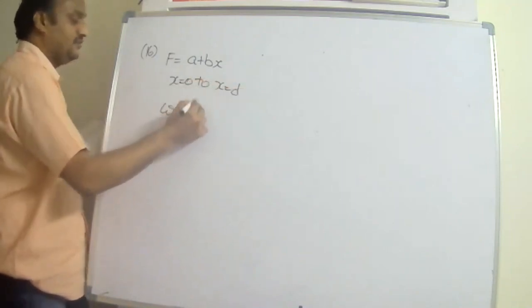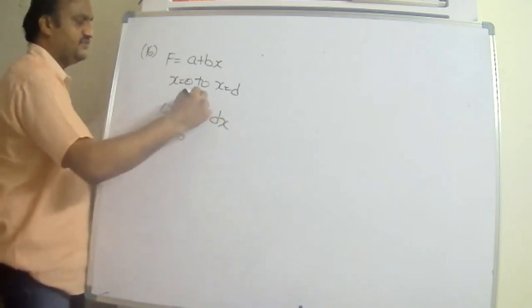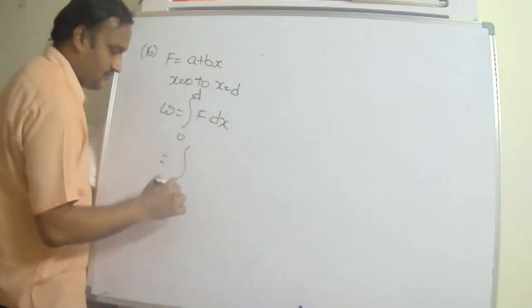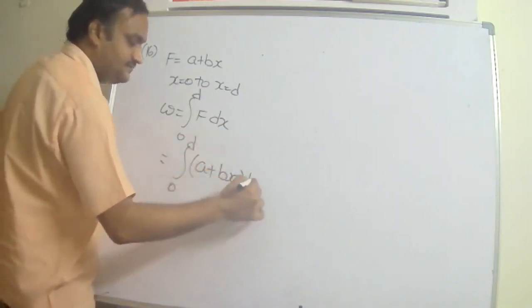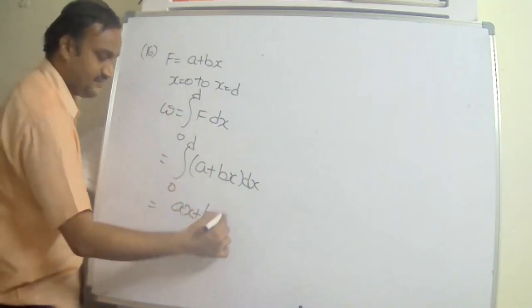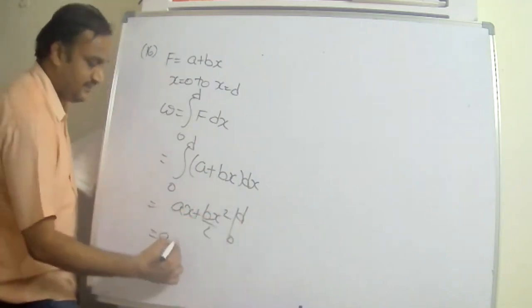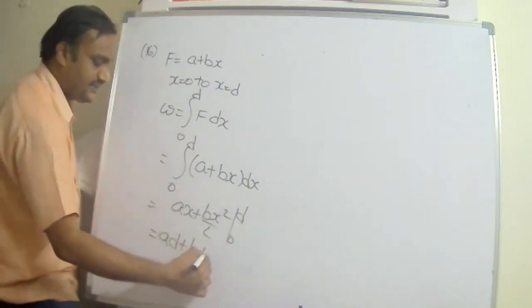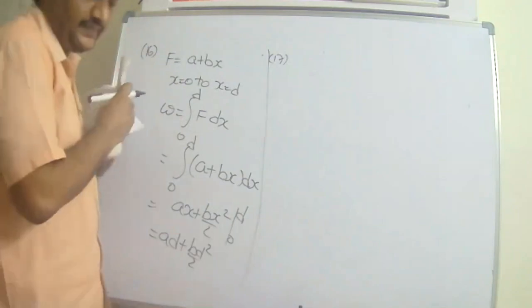Work done is equal to integral of F dx, with limits 0 to d. So integral of (a plus bx) dx gives ax plus bx square by 2, from 0 to d. Upper limit minus lower limit gives ad plus bd square by 2.